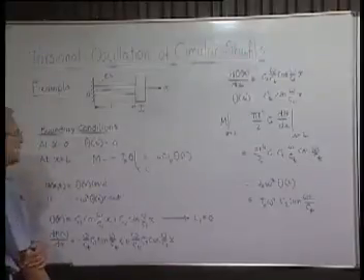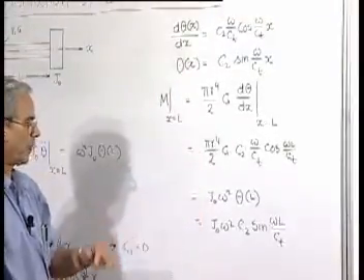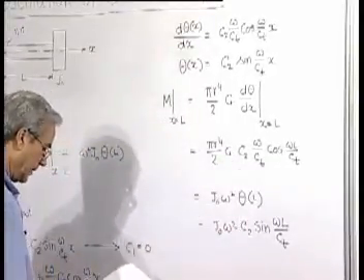So therefore, we get now an equation in this form, which I think C2 will cancel and it can be written in this form.